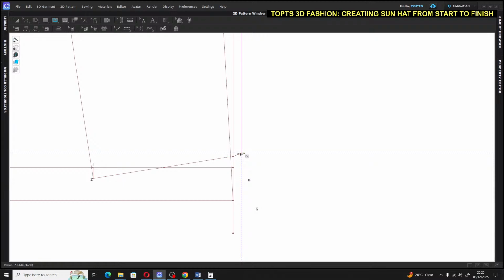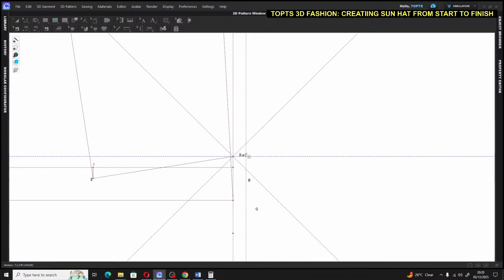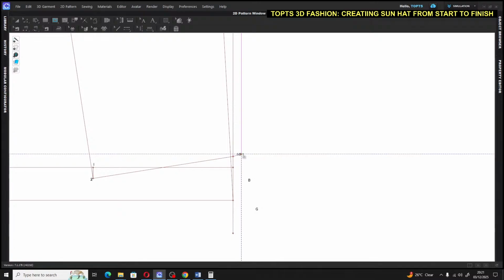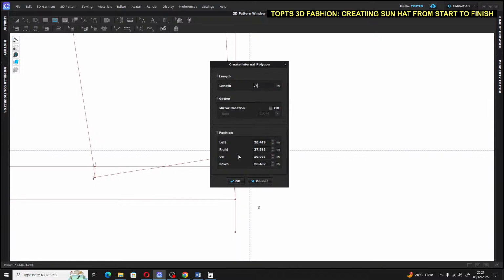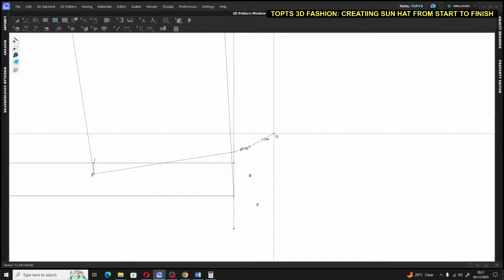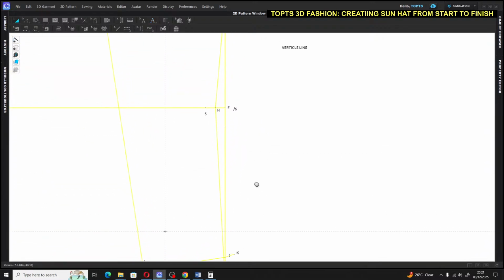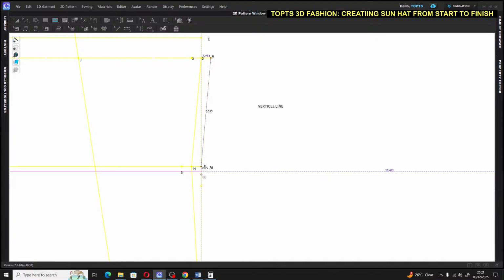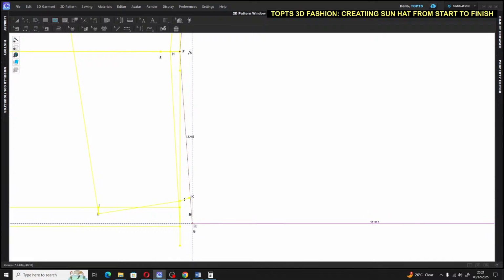We take it also outwards 0.75, and we label this point K. Then we are going to draw a line from F stroke 6 all the way to K, like that.